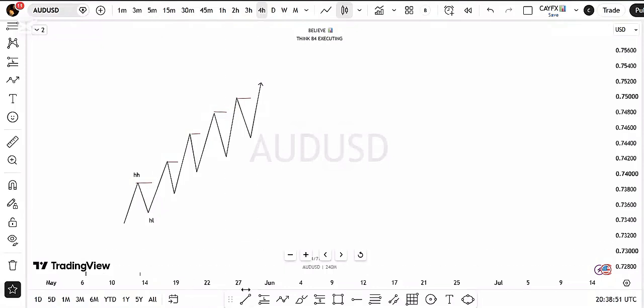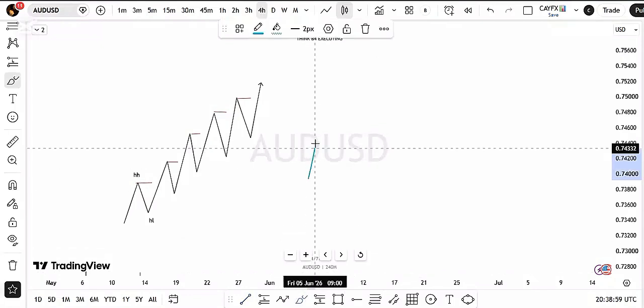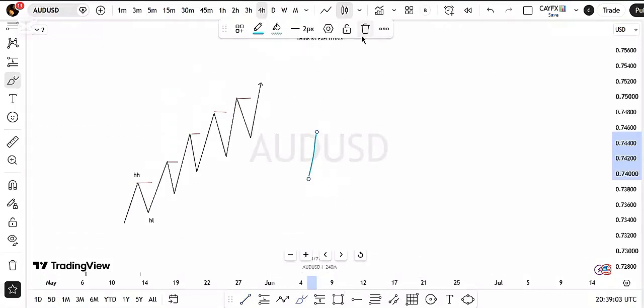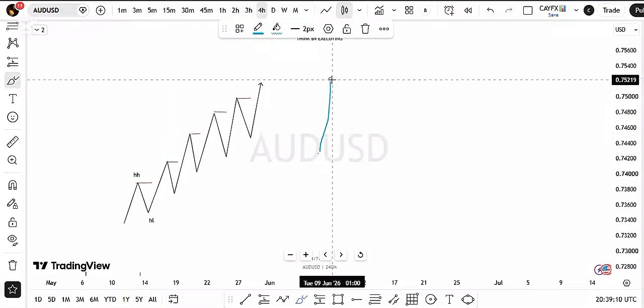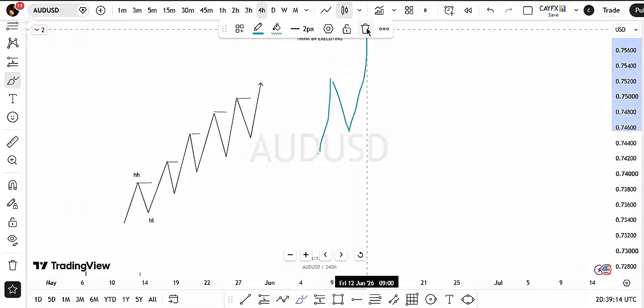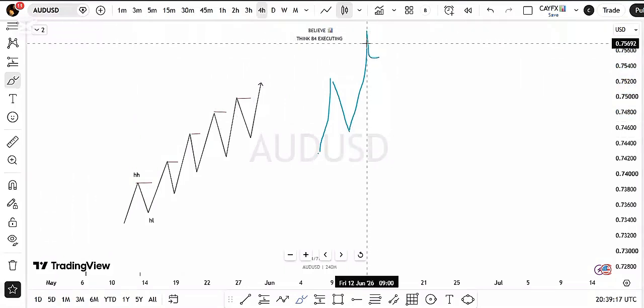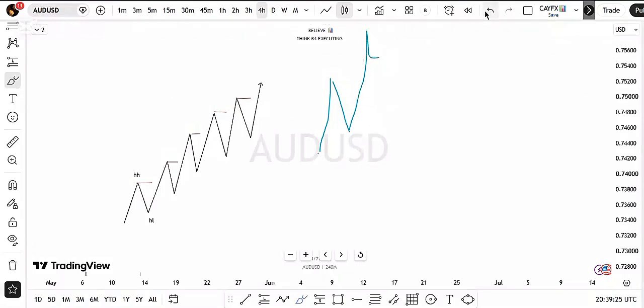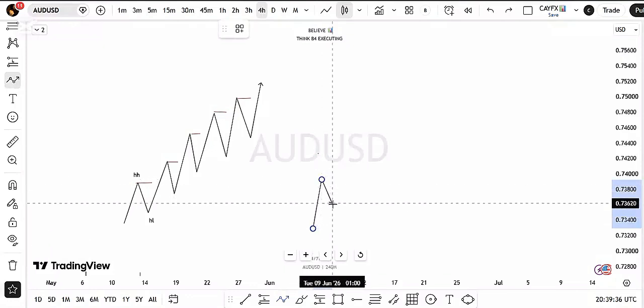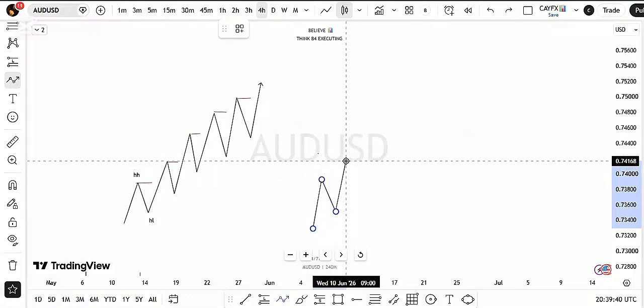The market created something like this, gives you a high, breaking this structure, and comes down again.